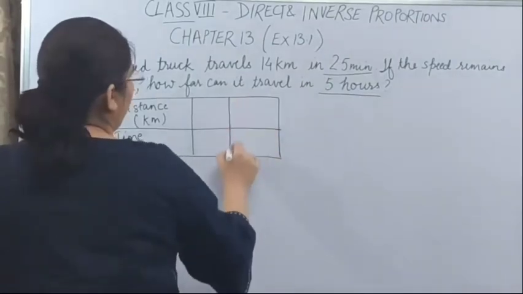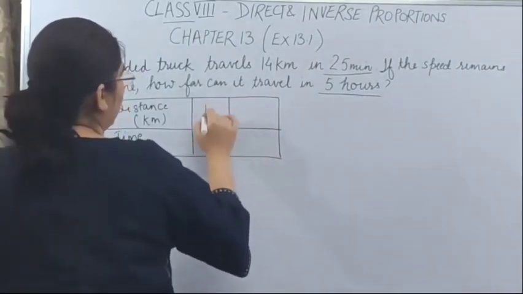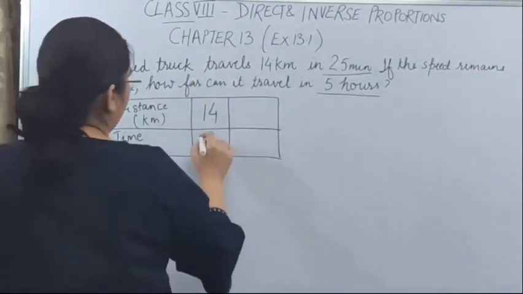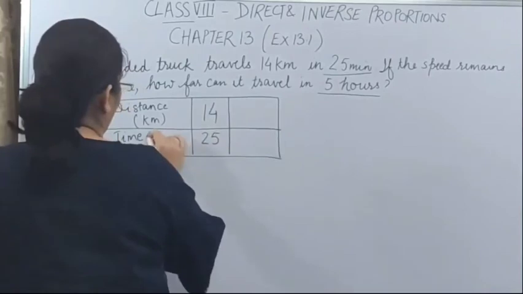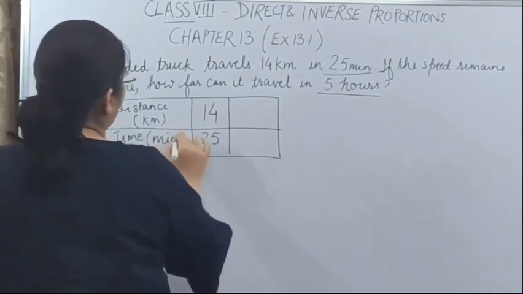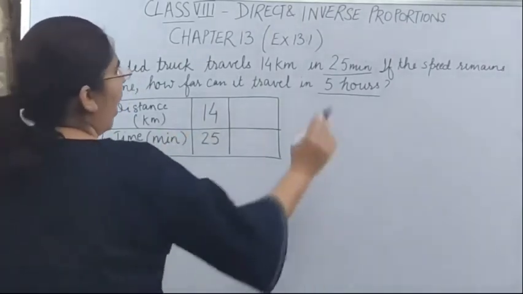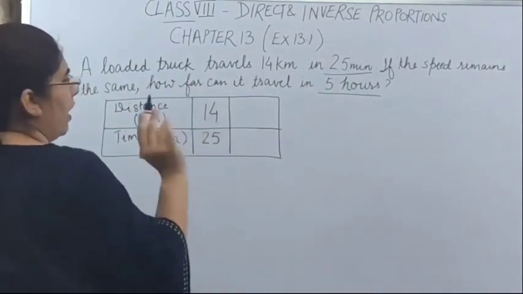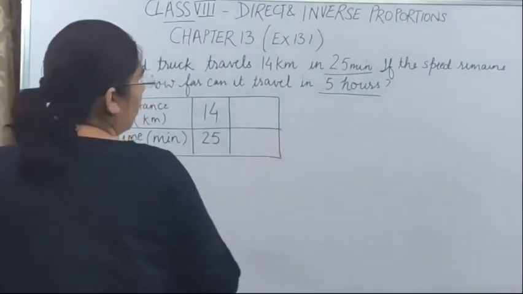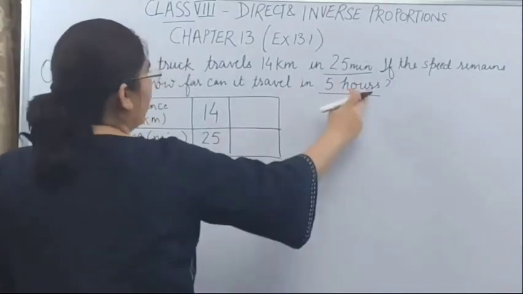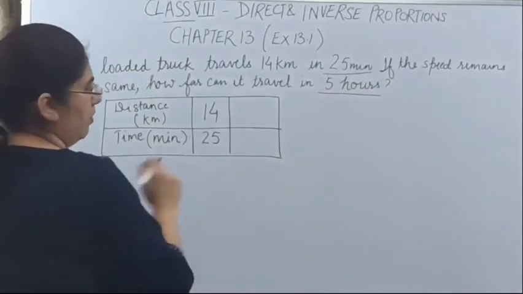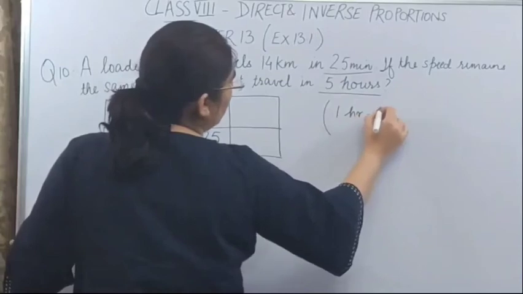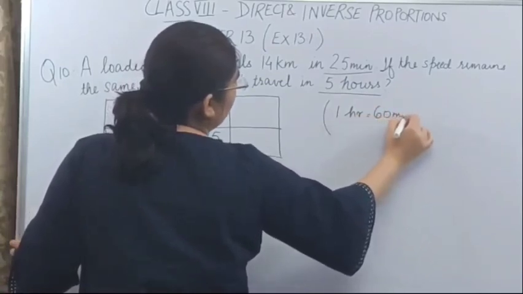We have been given that it travels 14 kilometers in 25 minutes. So, let me take time in minutes. If the speed remains the same, how far can it travel in 5 hours? Now, we have been given 5 hours. Now, I will convert hours into minutes, and we know that 1 hour is equal to 60 minutes.